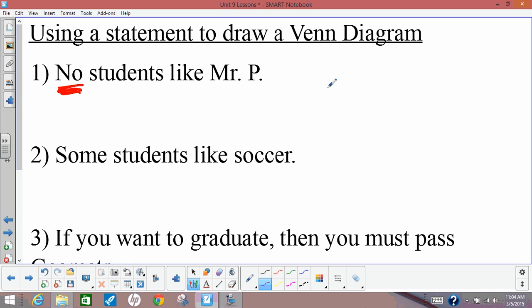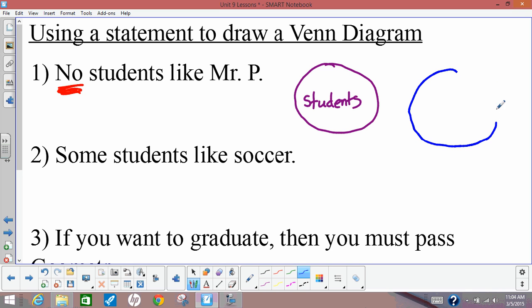So we will have a group of students and we will have a group of people who like Mr. P. I hope there are some people in that group. And since they're not overlapping, that represents that no students are people who like Mr. P.